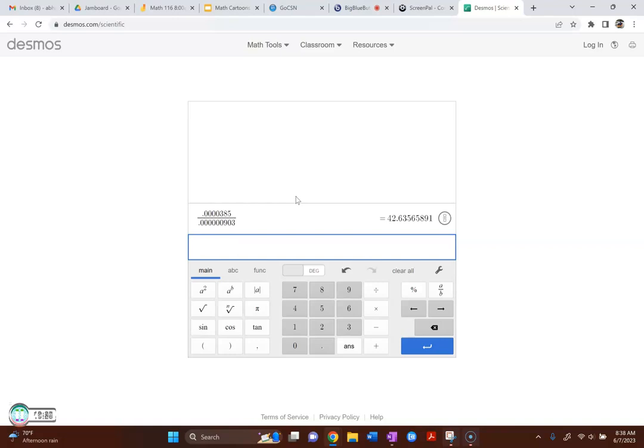Let me pull up Desmos, desmos.com. Enter. And by the way, some calculators will give you issues with this. So we get 42.63.